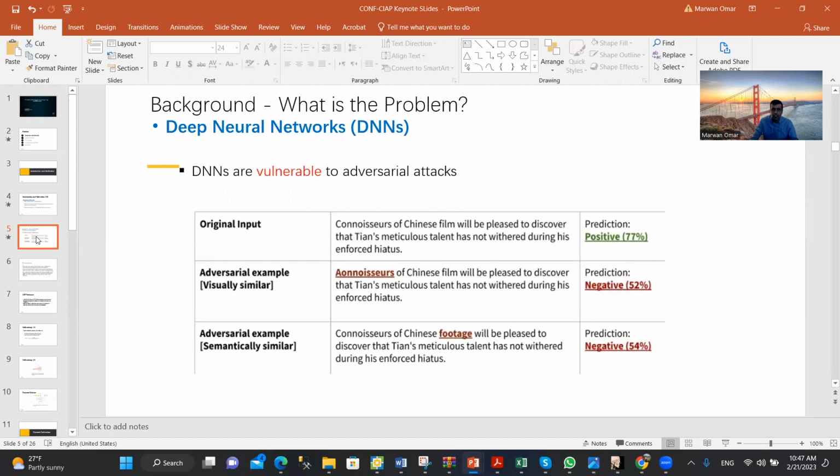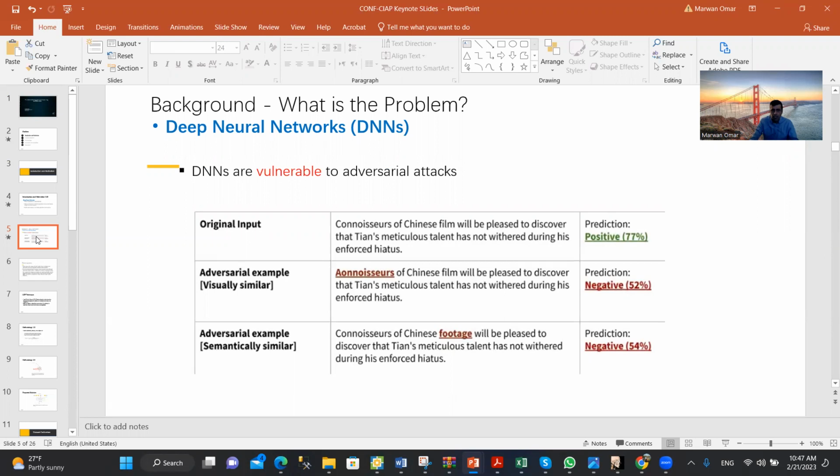By making this change, we are launching an adversarial attack or adversarial example on an NLP classifier. This will fool the NLP classifier. So now the NLP classifier will predict with 52% confidence that this is a negative sentiment. This is an example of an adversarial attack.